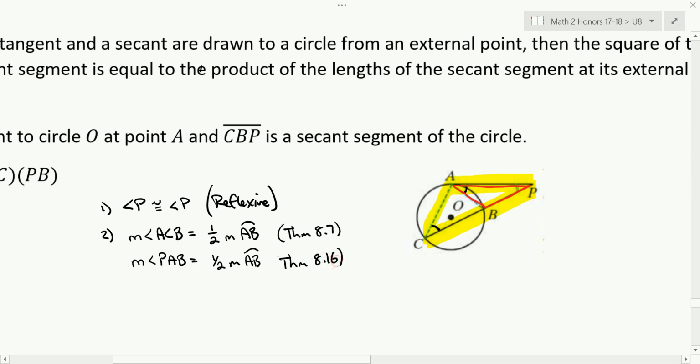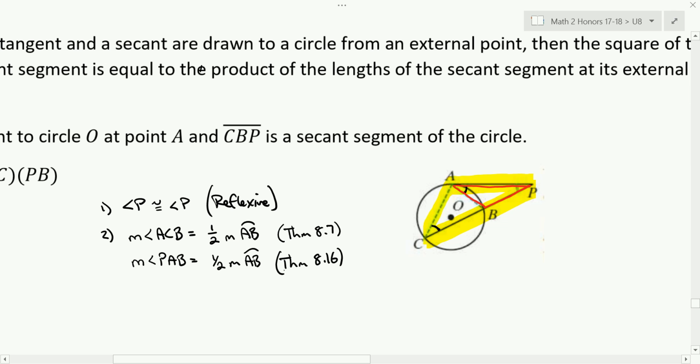So these are the results you got to know, because this angle is an angle between a tangent segment and a chord. We learned that it's 1/2 the measure of the arc it intercepts.